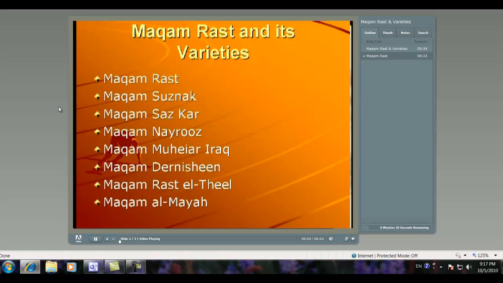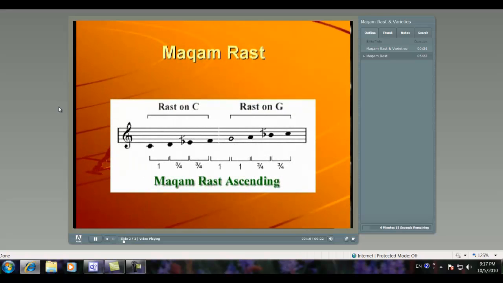Maqam Rast and varieties. We begin with Maqam Rast. The Rast Maqam is considered the most popular and important Maqam in the Arab East. It has a Rast tetrachord on Do, and another Rast tetrachord on Sol, and a third Rast on C2, or the upper C. The foregoing progression is for ascending the Rast Maqam.